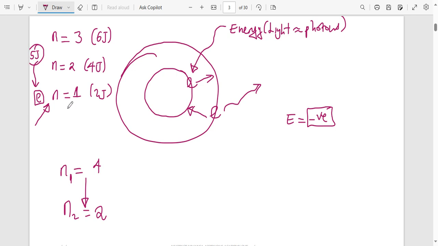You give it 5 joules of energy. Okay, so between the second and the third, that's your answer? Is there anyone who has got something different, or are we all thinking the same?